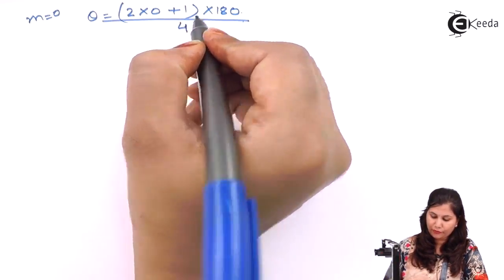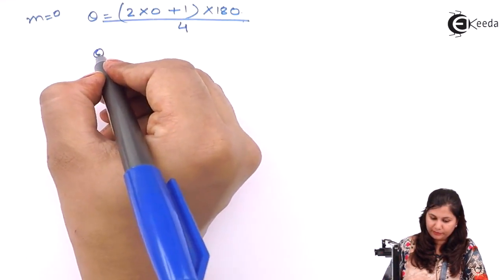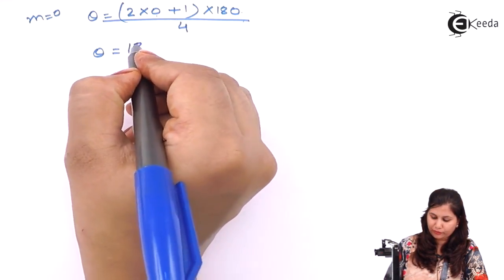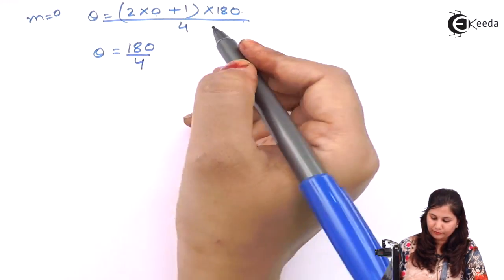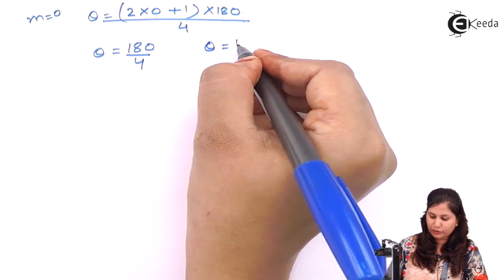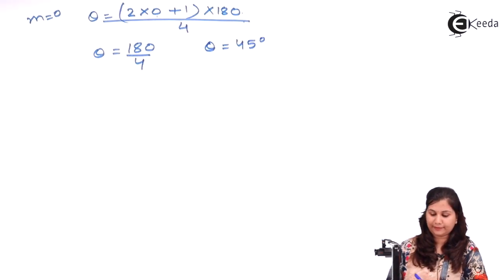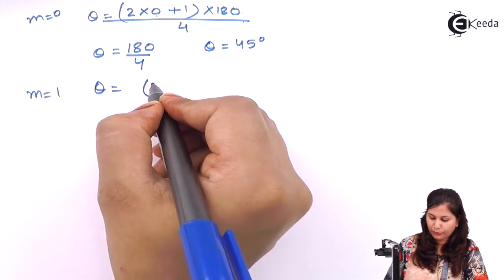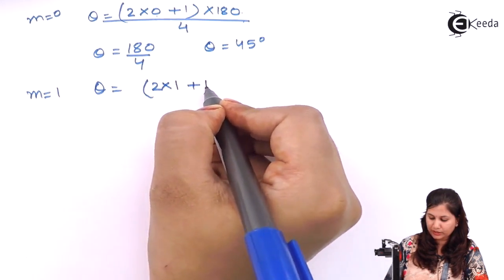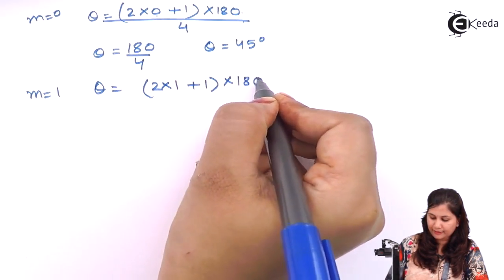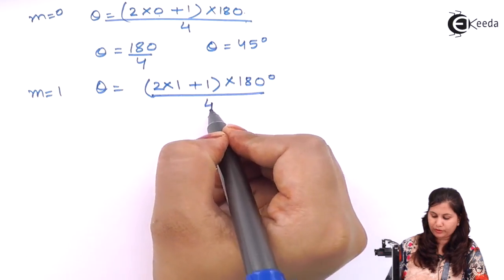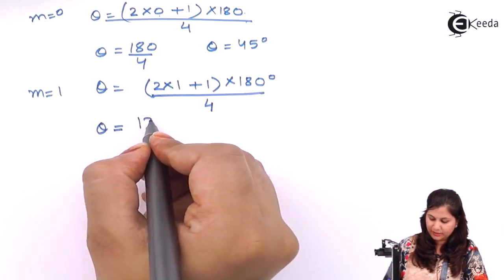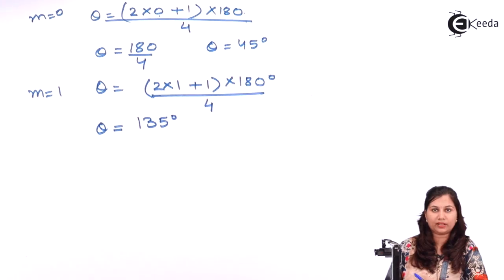So theta equals 180 by 4, which is 45 degrees. Now m equals 1, theta equals (2 times 1 + 1) times 180 degrees upon 4. Here we get theta as 135 degrees.